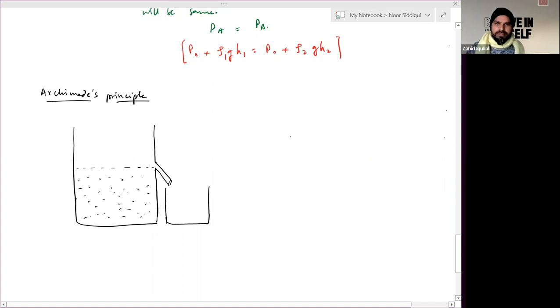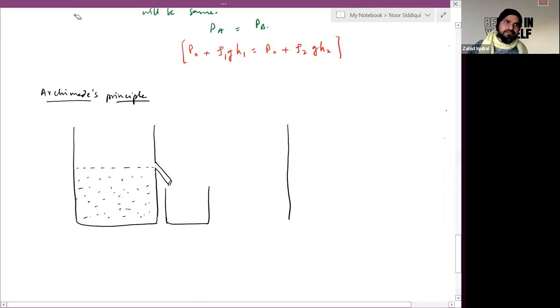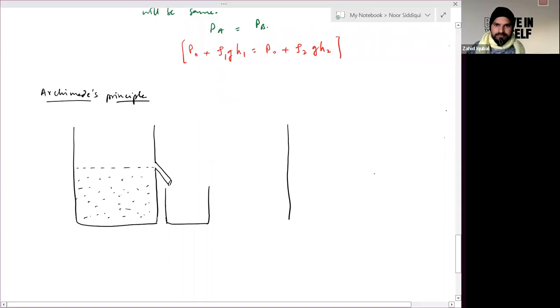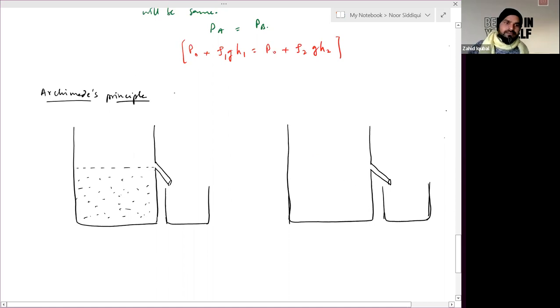Now, on immersing some object into it, Noor, what will happen if you insert any object into this liquid?